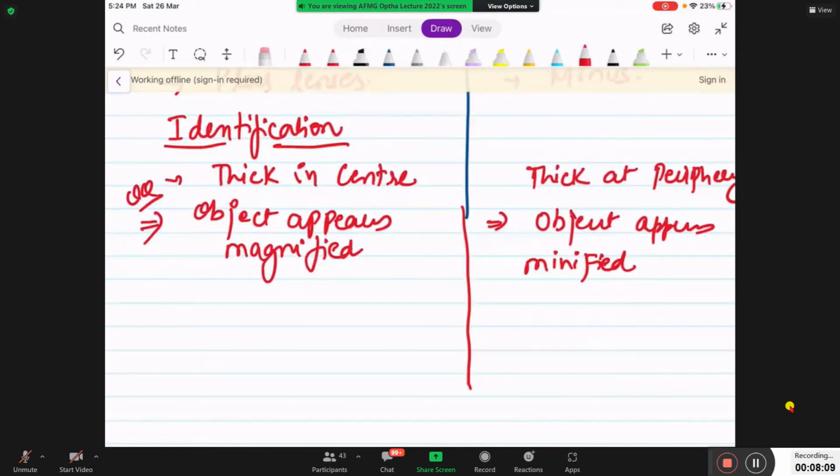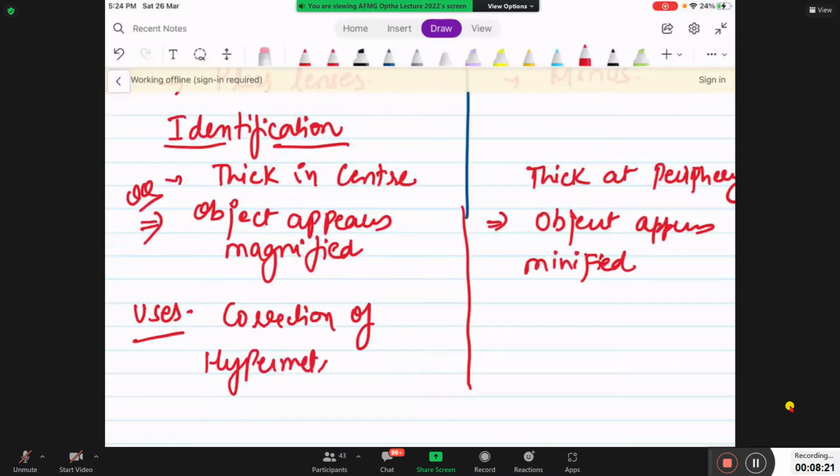For convex lenses, write down the uses. It is used for correction of hypermetropia, whereas concave is used for correction of myopia.